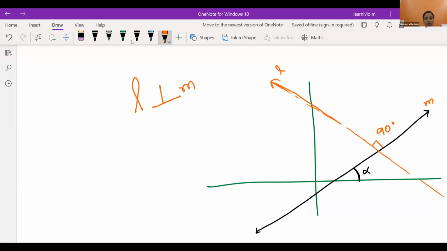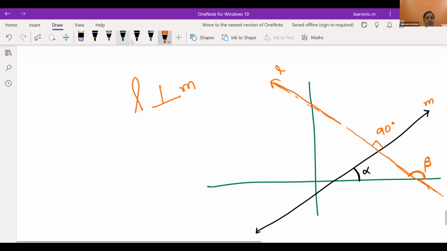Okay, now a few more pieces of information we have: M is making alpha with the positive x-axis, and this orange one L is making beta with the positive direction of x-axis. We are just trying to check, is there any relationship between the slopes as well? Just like parallel lines have the same slope, can we say something for perpendicular lines?